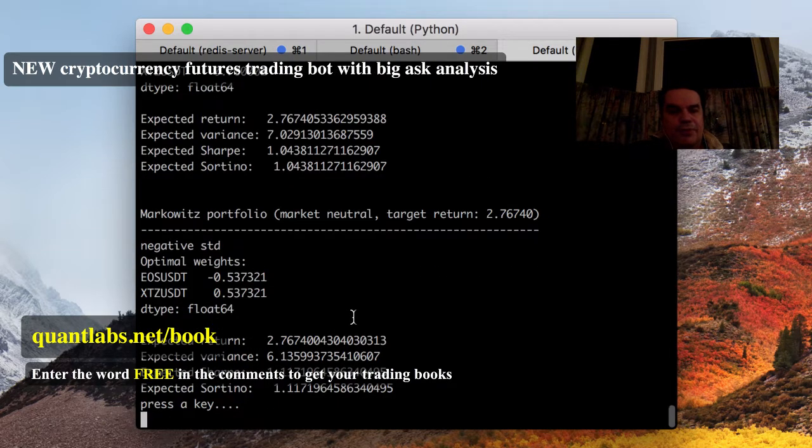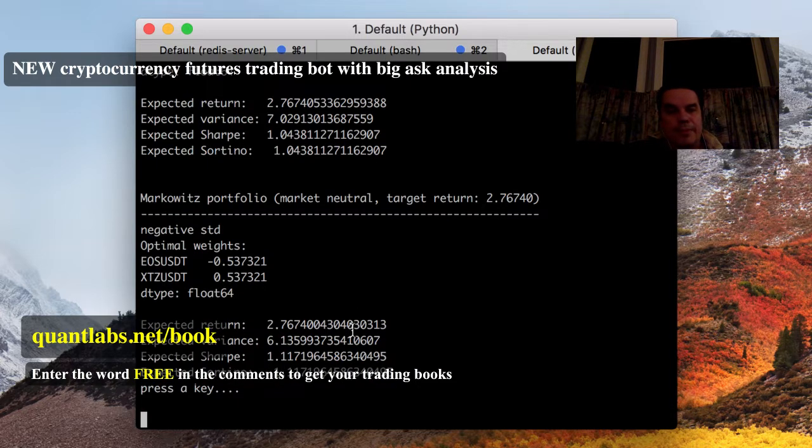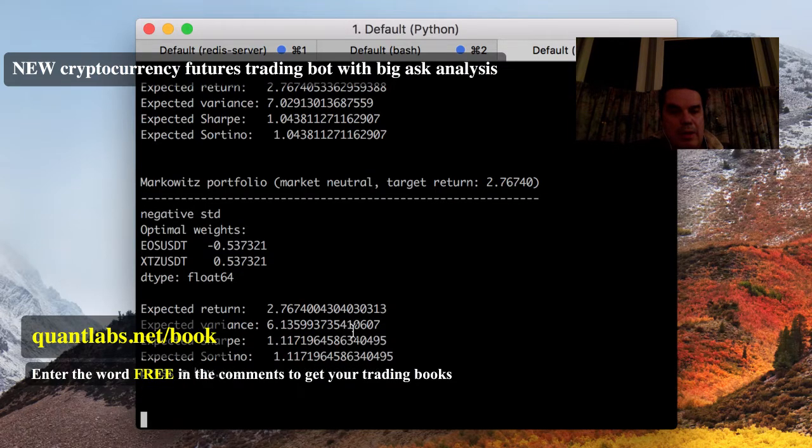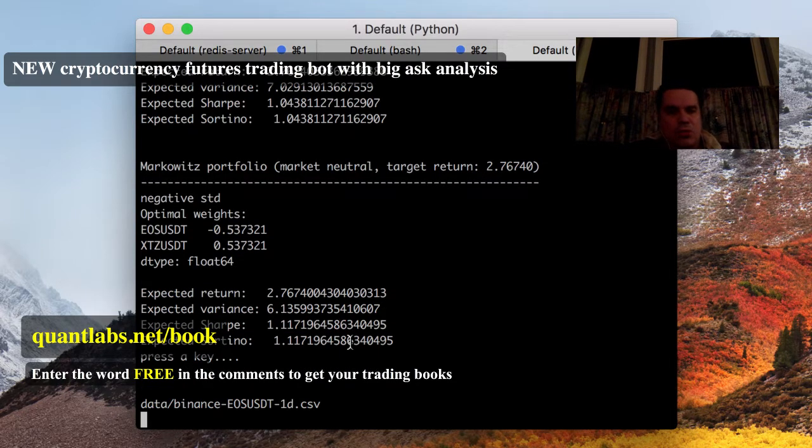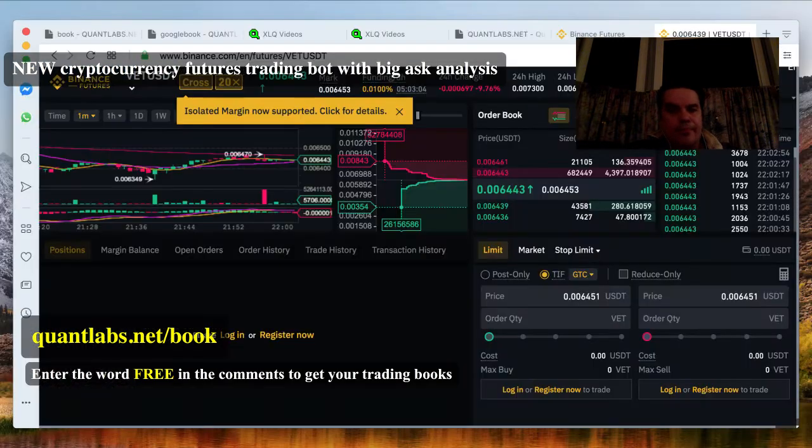So off it goes. Okay. Let's see if it'll do the next one. Now it's going to do more downloading. I don't know why it's so slow.